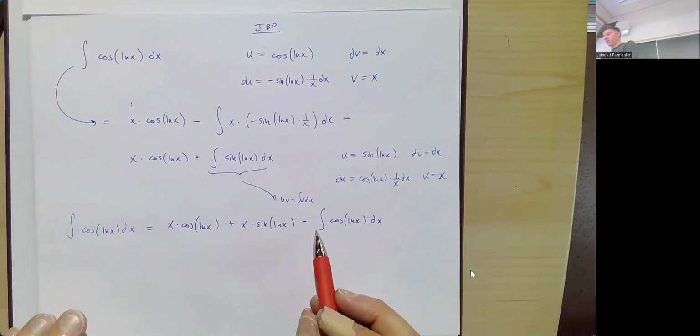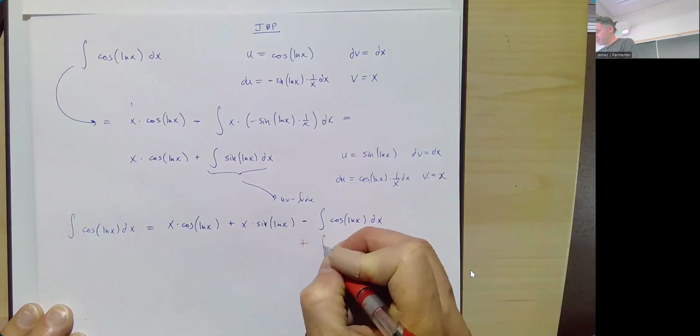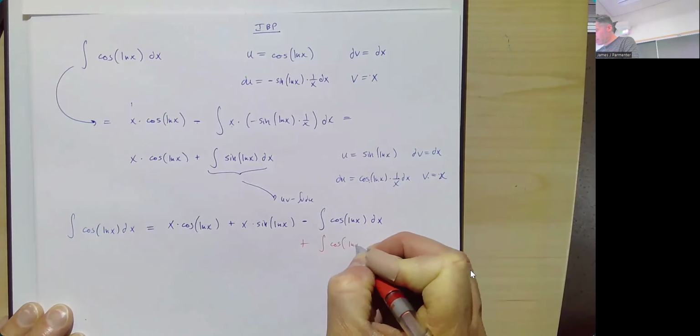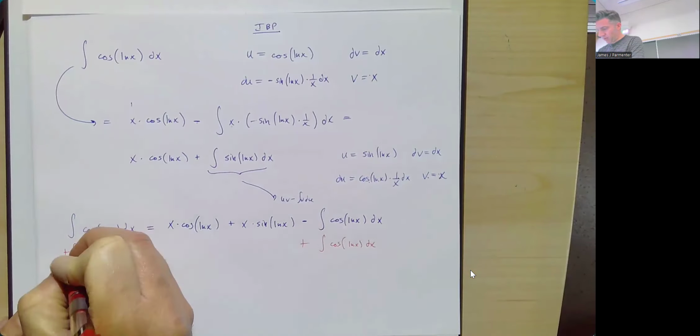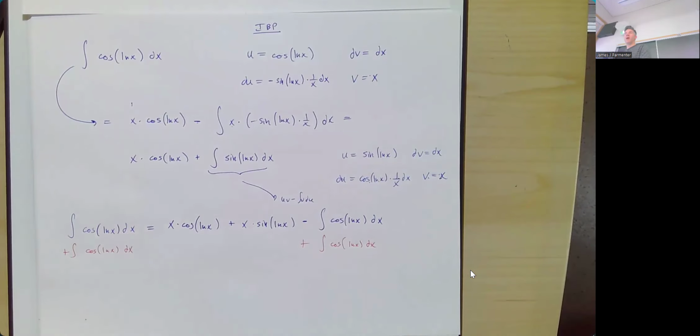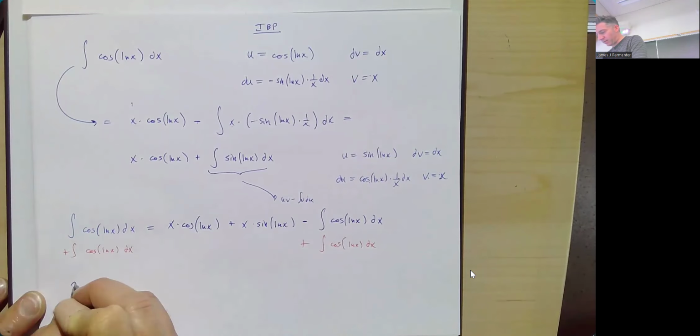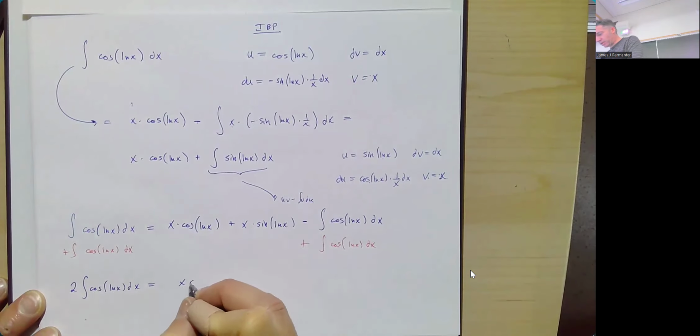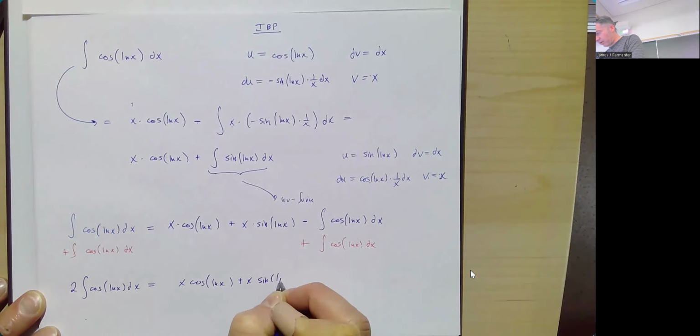So now here's the trickery that occurs in this kind of problem. We're going to take this integral and add it to both sides. That's why I wrote the left-hand side, by the way, so that we could add it to both sides seamlessly. If I take the integral of cosine of natural log of x plus the integral of cosine of natural log of x, I end up getting 2 times the integral of cosine of natural log of x equal to x cosine of natural log of x plus x sine of natural log of x.